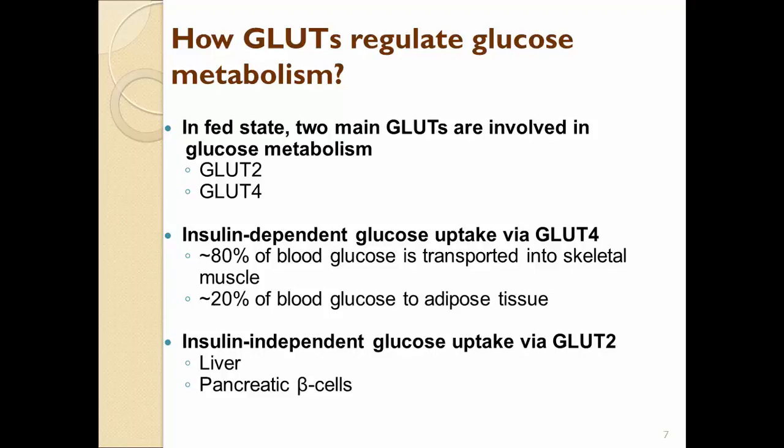And how glucose transporters regulate glucose metabolism, I talked about already: two major transporters, GLUT2 and GLUT4, with different tissue distribution that you need to know, and how they regulate, one by glucose and the other by insulin, right?